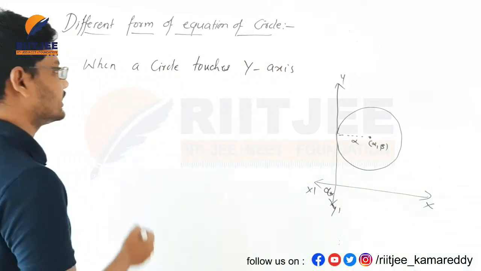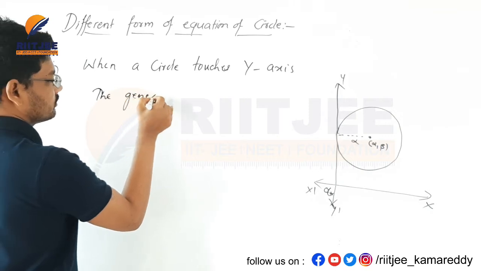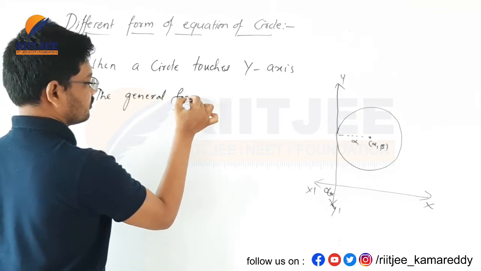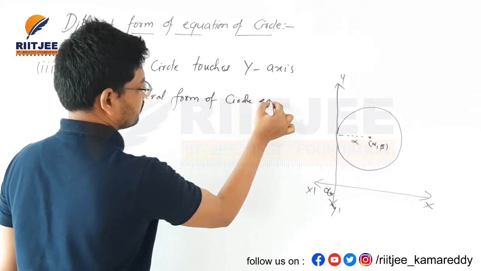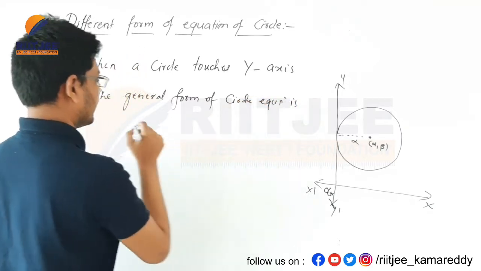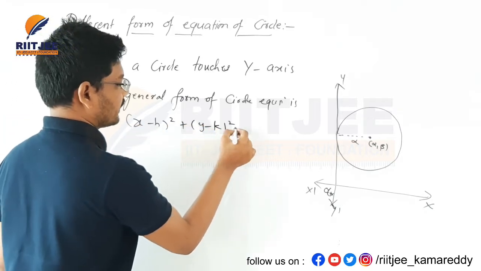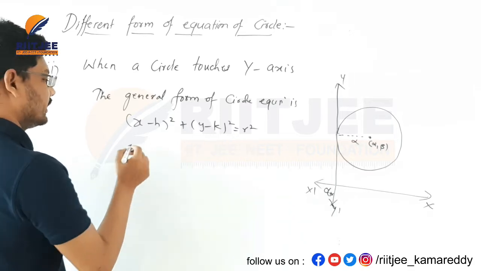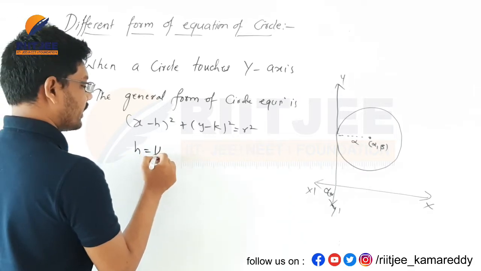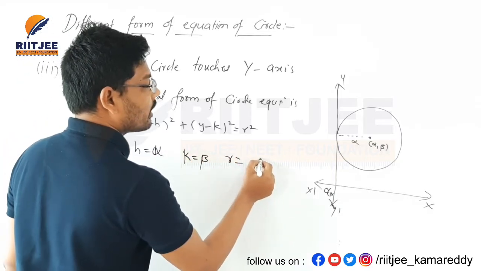Here the general form of the circle equation is (x − h) whole square plus (y − k) whole square is equal to r square, same as the previous case. And here h is equal to alpha, k is equal to beta, and r is equal to alpha.